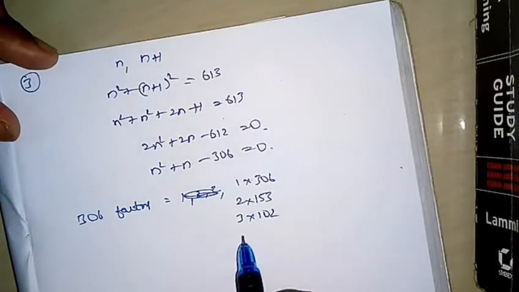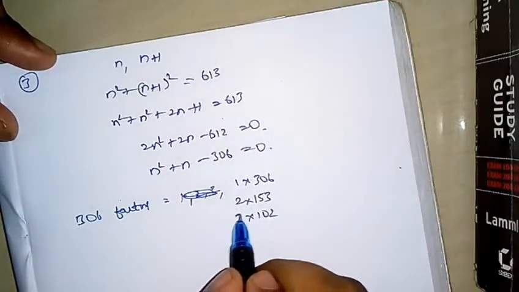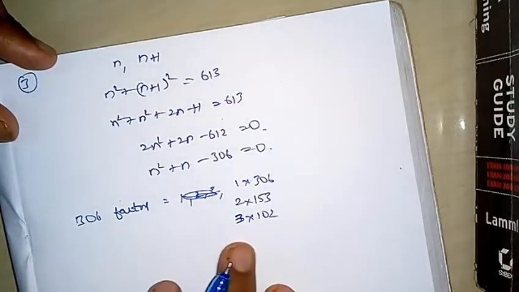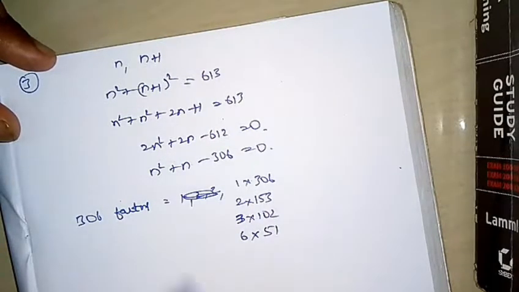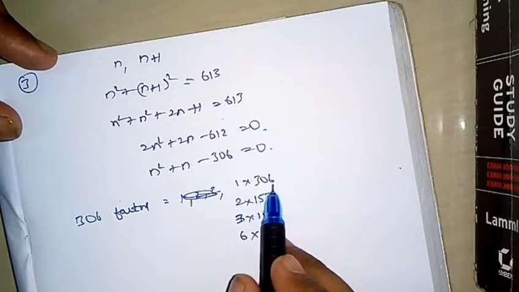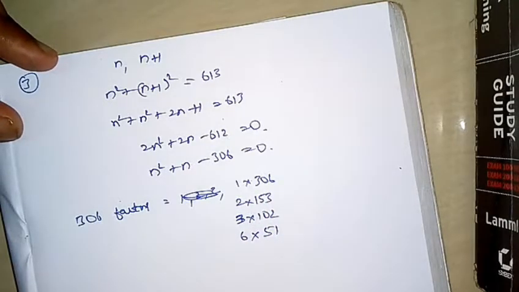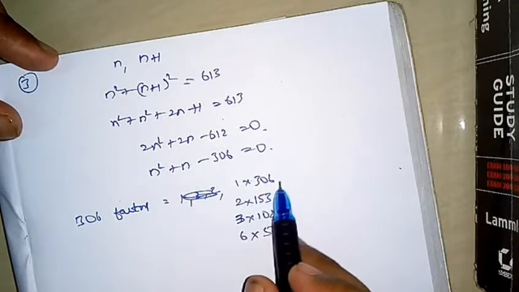It won't go with 4. 5 also it won't go. 6 into 51. 7 it won't go. 8 also it won't go. 9 also it won't go. 10 it won't go. 11 also it won't go. 12, 12 2s are 24, it won't go.